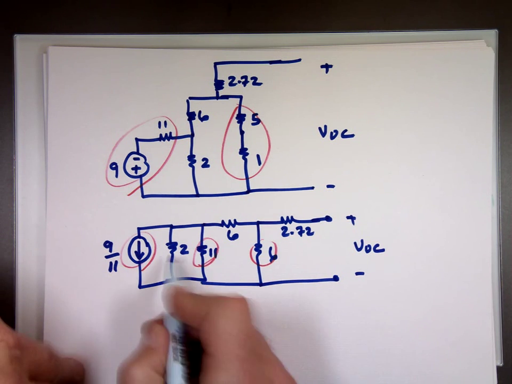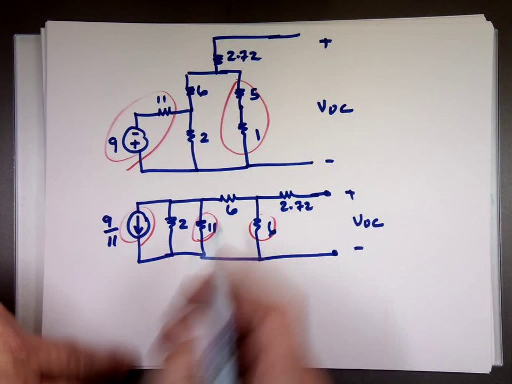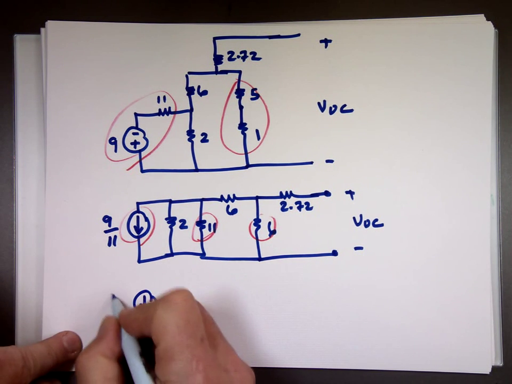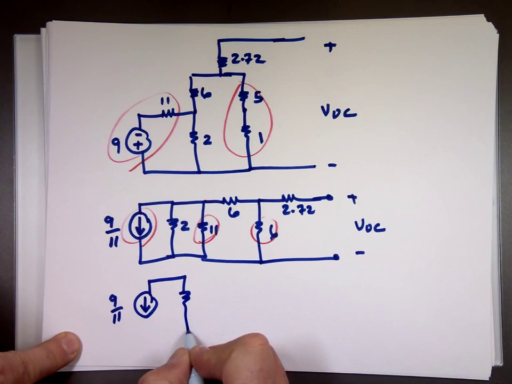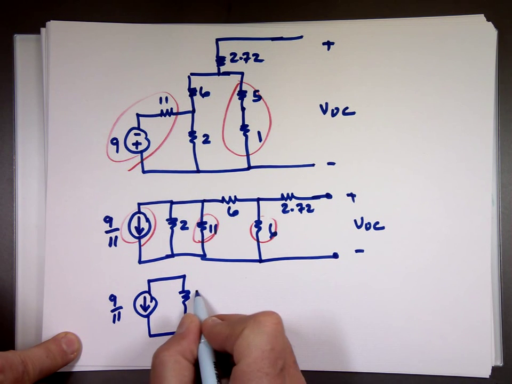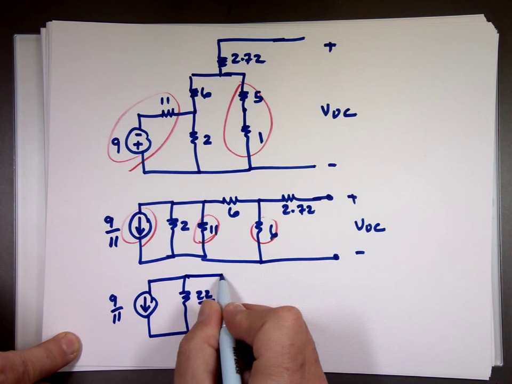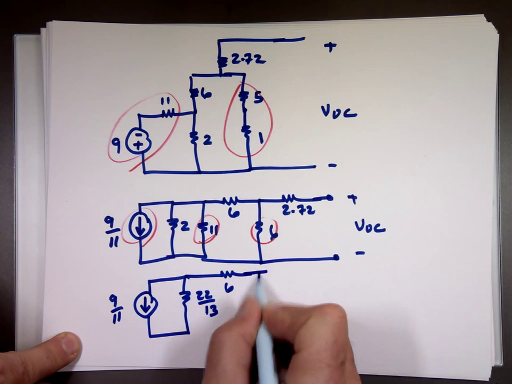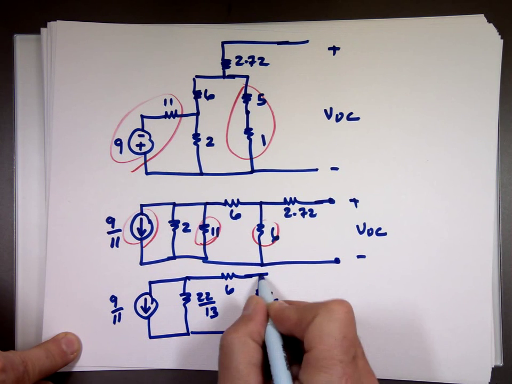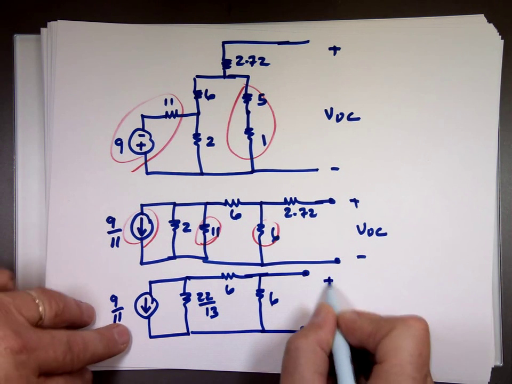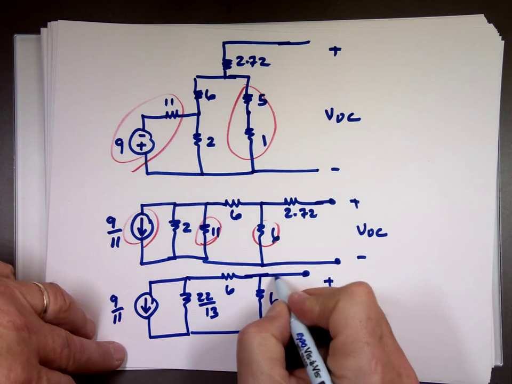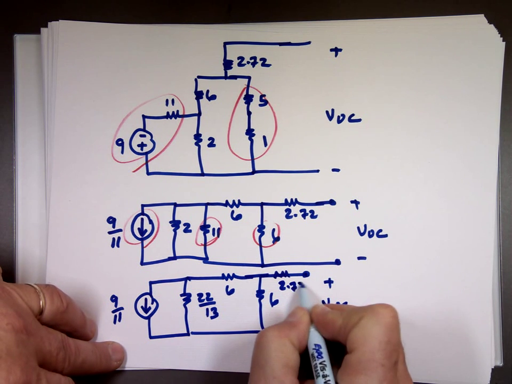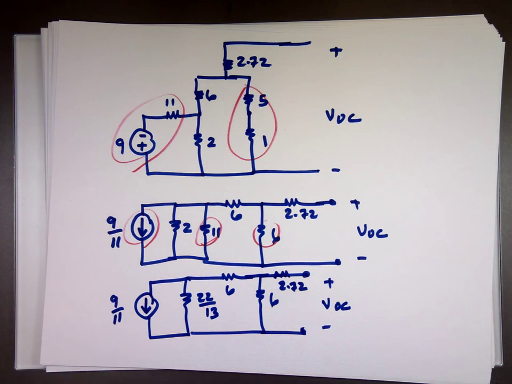Now, these in parallel, product over the sum. 22 over 13. And I dropped the 2.72, well, let me put it back there. I dropped it first and I put it back in. I changed my mind.